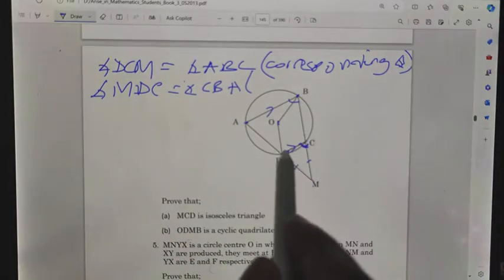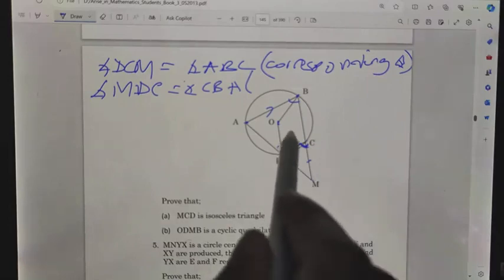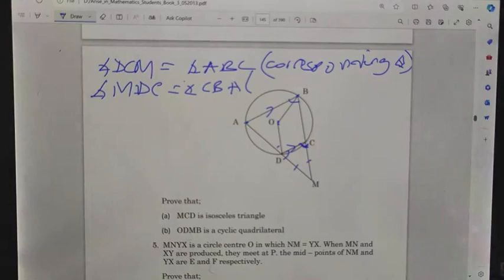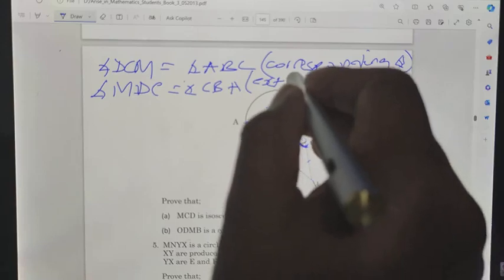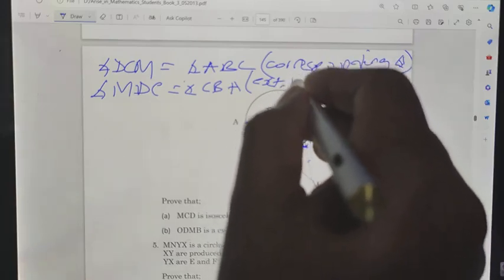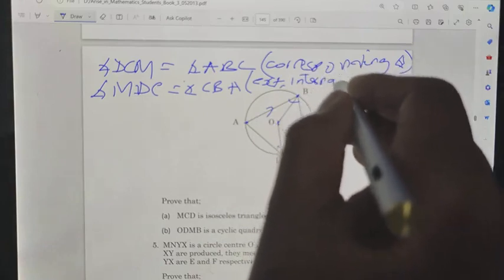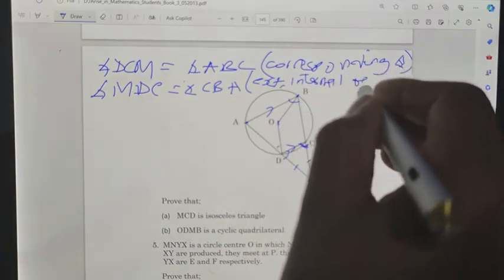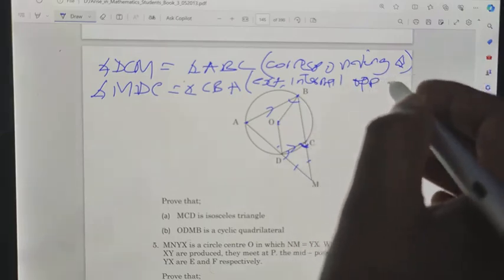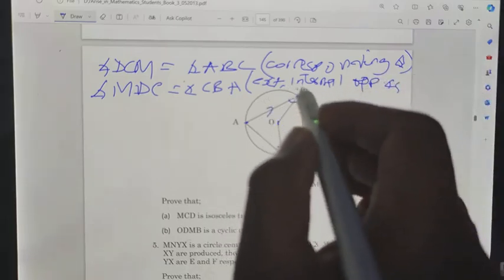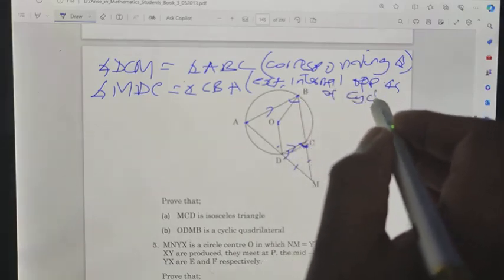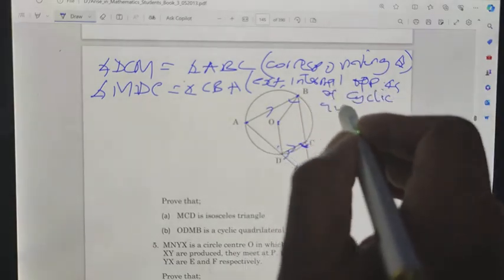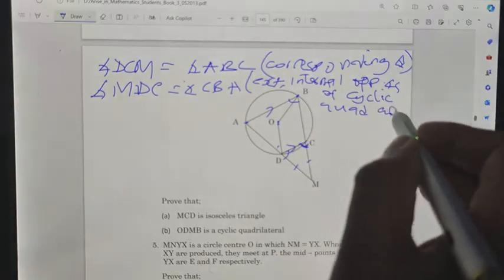So remember, this is like an exterior angle of that cyclic quadrilateral. So you can say that external angle and internal opposite angles of a cyclic quad are equal.